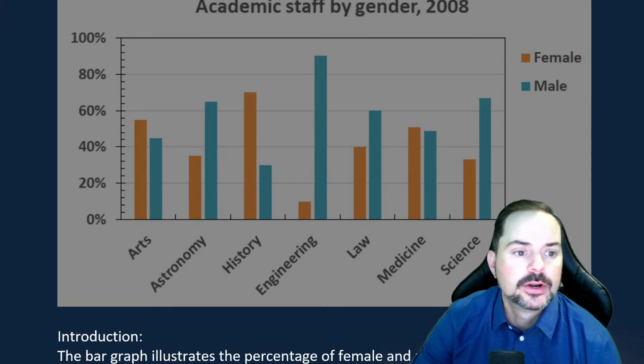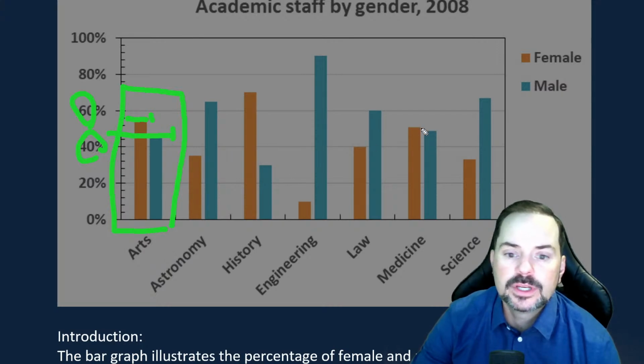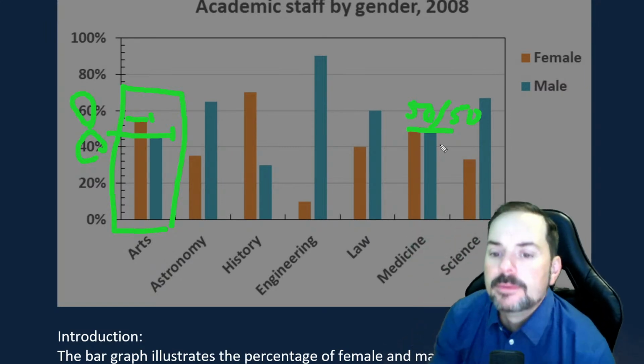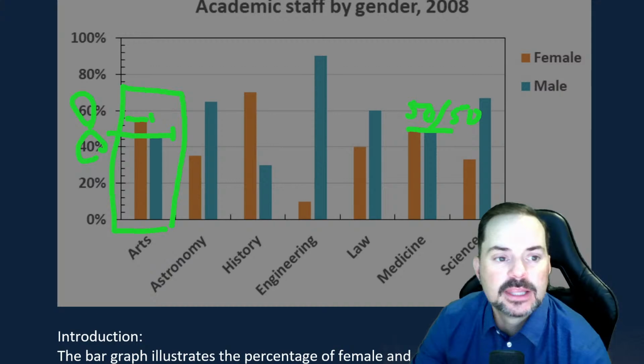So here, all I did is I took my first point of arts and saying that it's balanced, and it's right here. I've got 40% there, 60% there, so this is 55, this is 45 here. And this one here, they're so close that I just said 50-50. If I draw my little line there, they're almost equal. There's slightly more women than men, but you can't get lost in that level of detail.